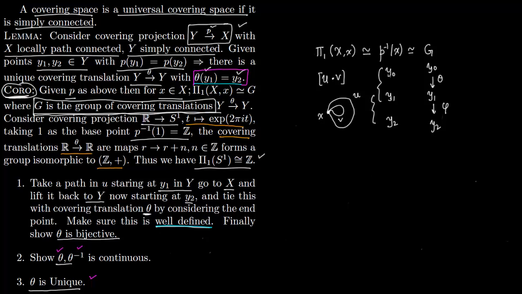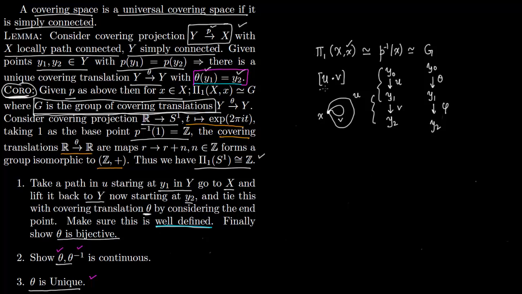So u will lift to a path here, because these 3 points y0, y1 and y2 are all getting projected to this point x in the space. So this u gets lifted to, say, y0 to y1, and v gets lifted to y1 to y2. All 3 of them, y0, y1 and y2, get projected to x.